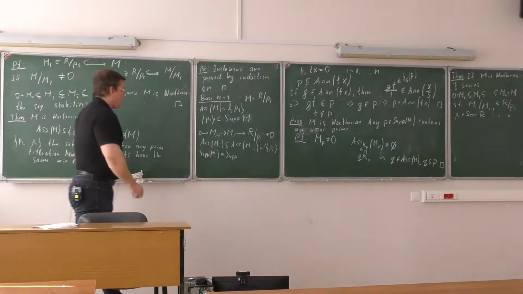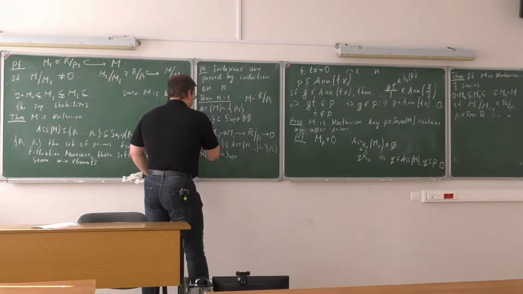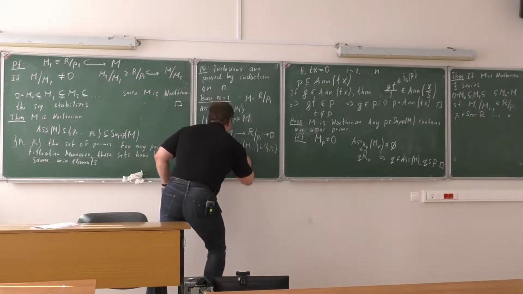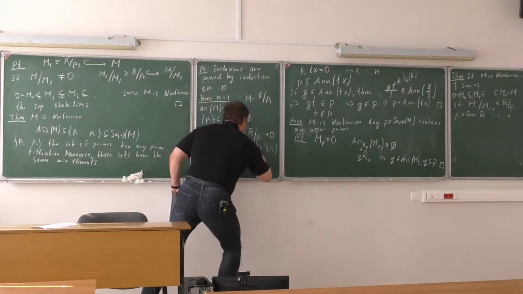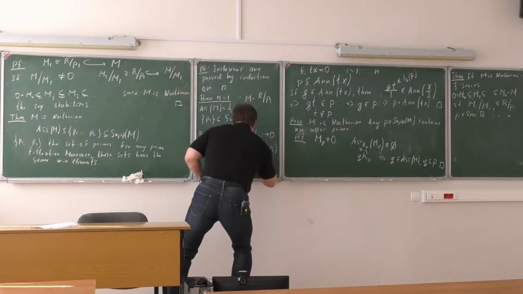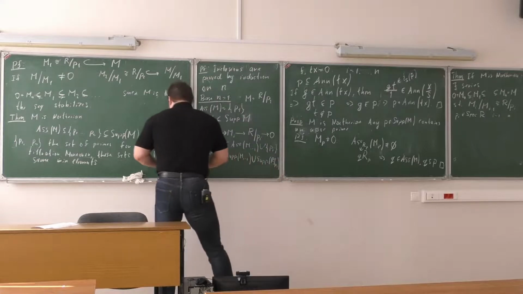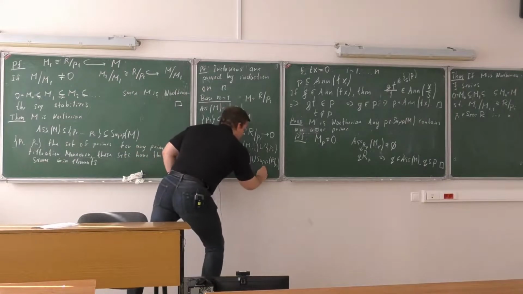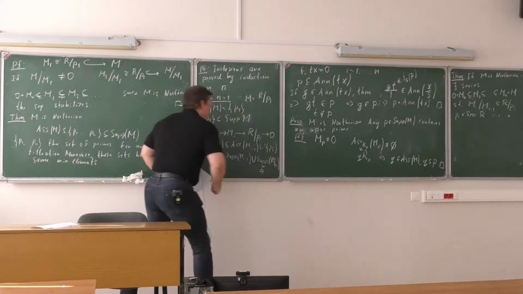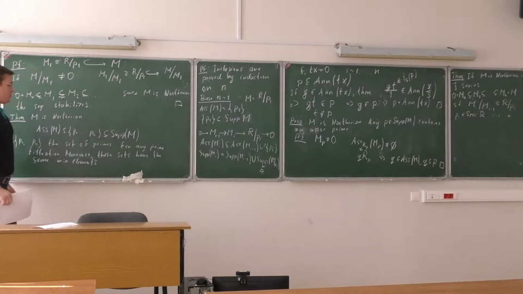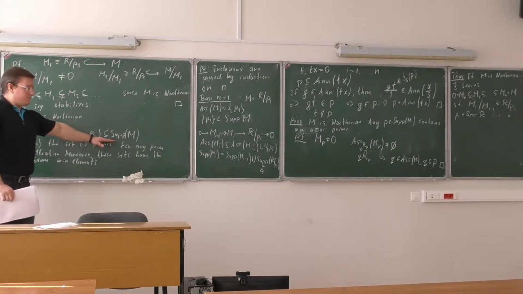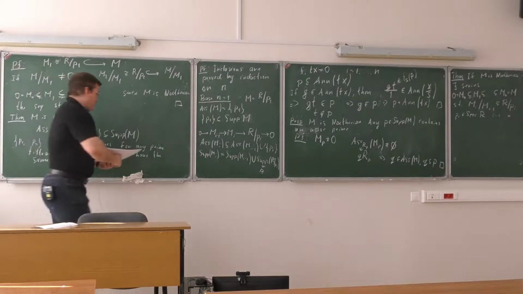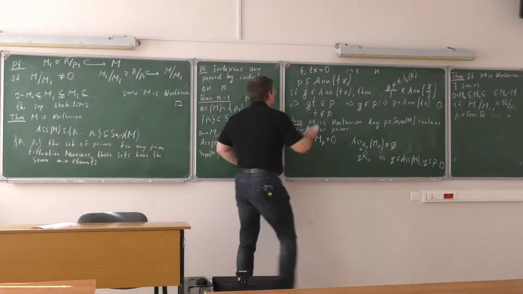So using this, we can say that the support of Mi is the same as the support of Mi minus 1 union the support of the quotient, but again Pi is an element here. And this observation about the supports gives us the second inclusion. So now we only need to show that the moreover part is true.